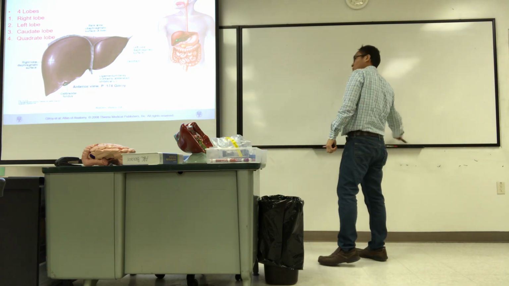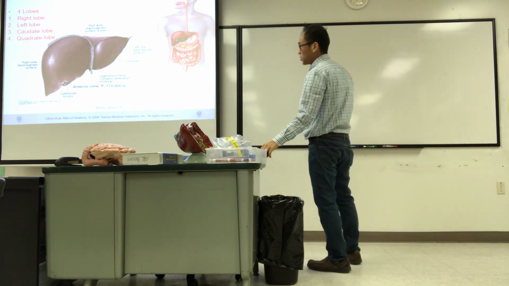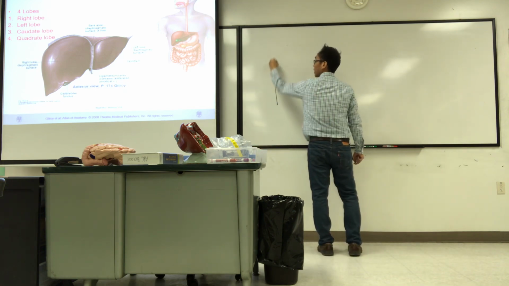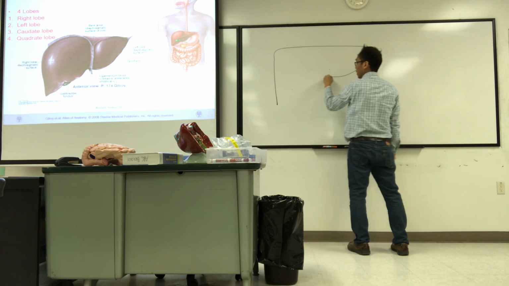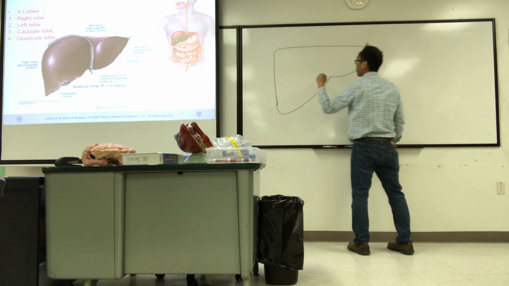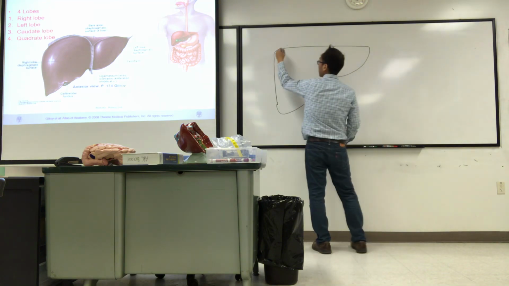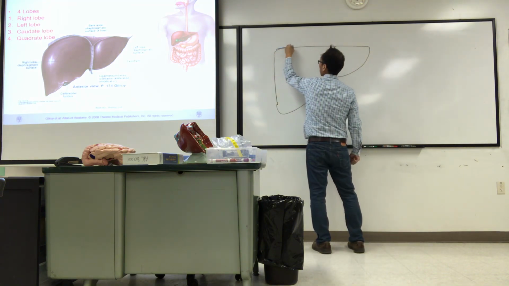You have lobes of the liver. There's 4 lobes, but you can only see 2 really here. They're covered with a peritoneum on top here.